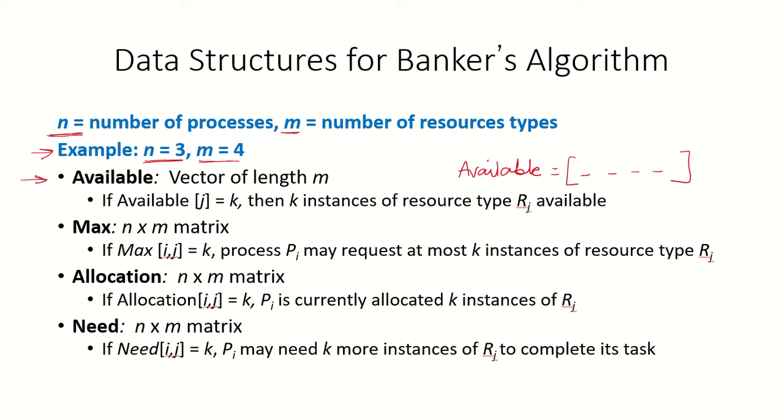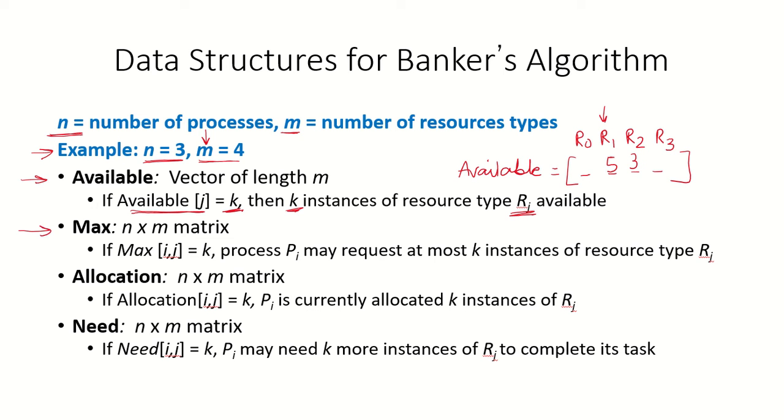This refers to the resources which are available in the system. So if we have 4 resource types R0, R1, R2 and R3, and this element is 5, that means 5 instances of that resource are available, and so on. So if Available[j] is equal to k, that means k instances of resource type Rj are available.